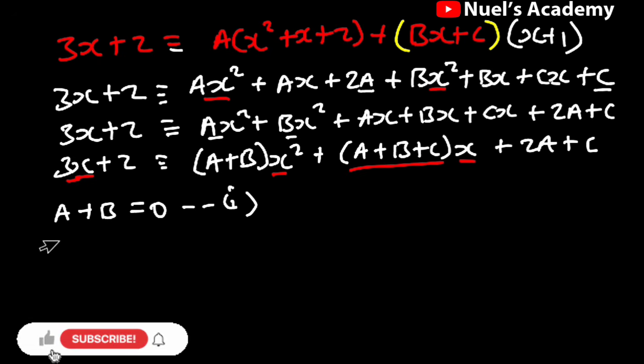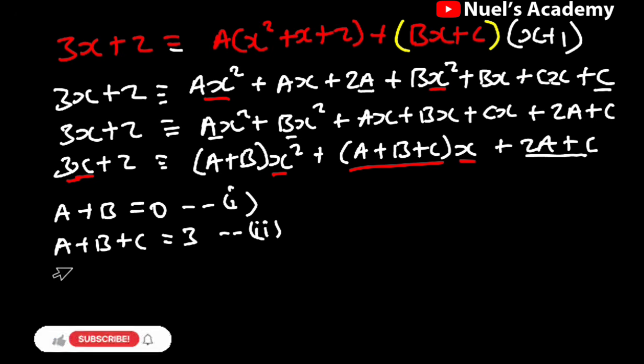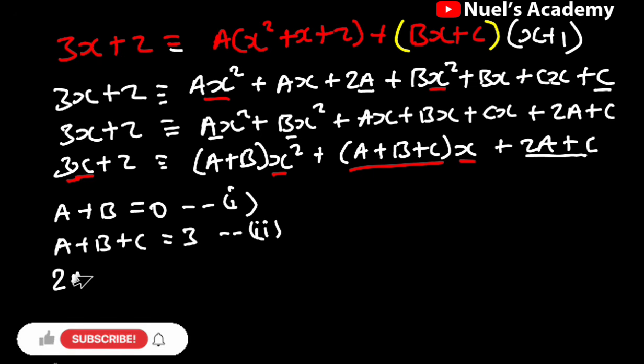So a plus b plus c is equal to 3. Let's call this equation II. And then lastly we equate the constant 2a plus c to 2. So you have 2a plus c is equal to 2. Let's call this equation III.